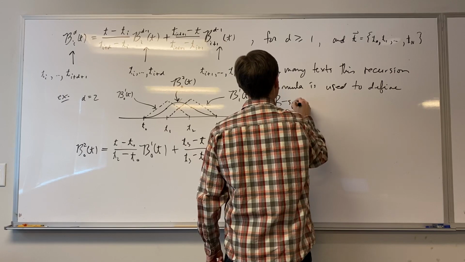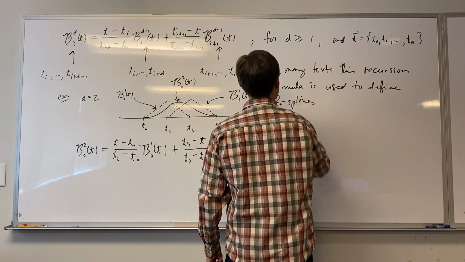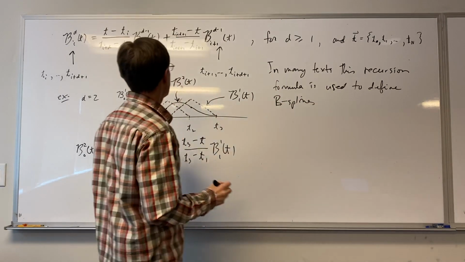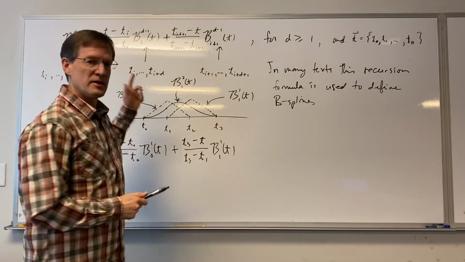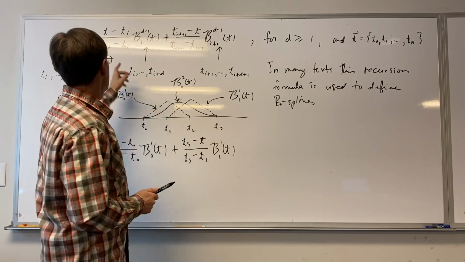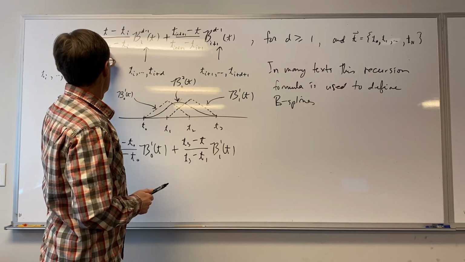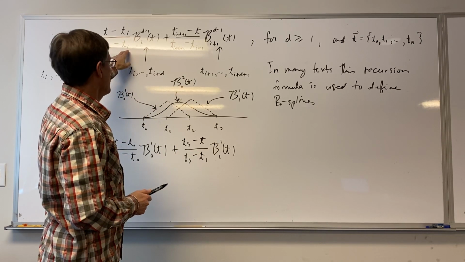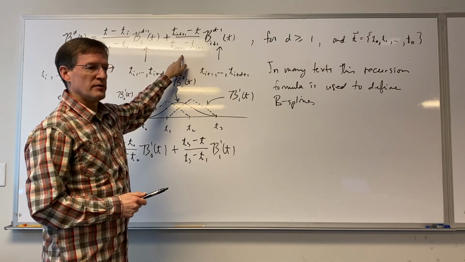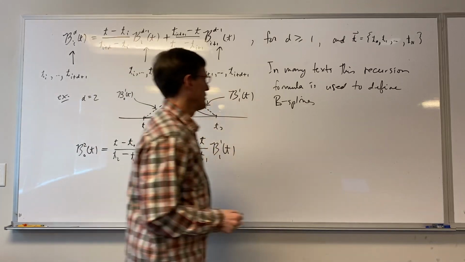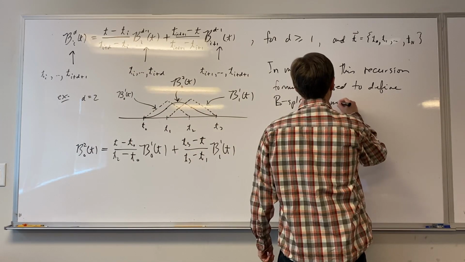But if you use this as the starting point, then of course you need to have a base case, and you also need to say what happens in cases where in the knot sequence I get equal knot values, and these can collapse down and give us a 0 in the denominator. So this is used to define B-splines with a few caveats.